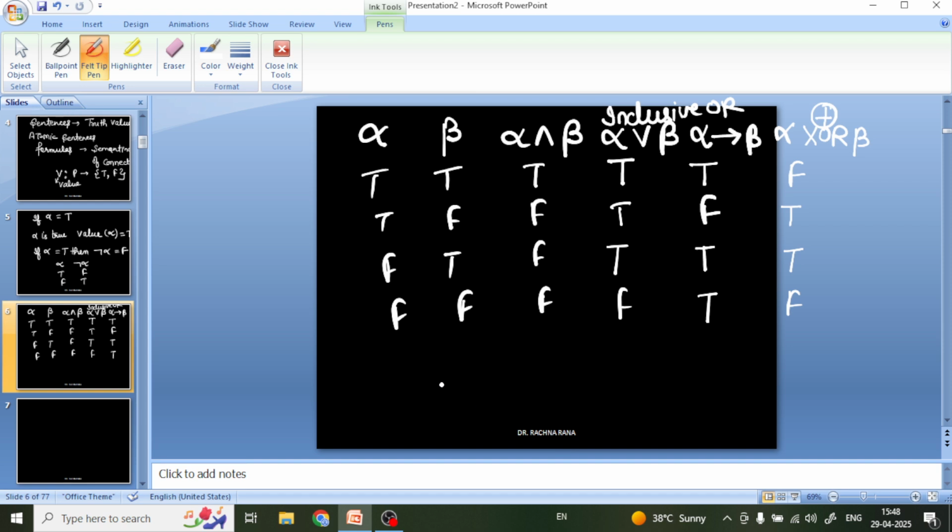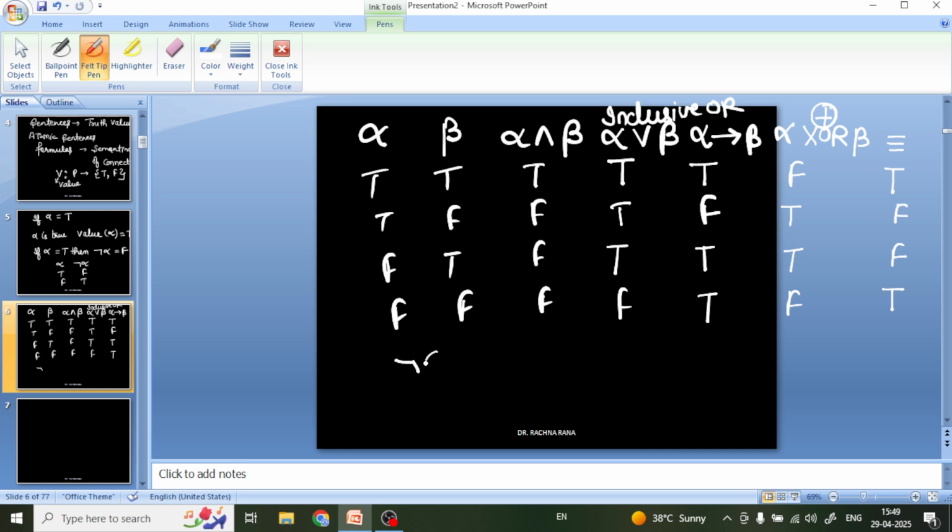For example, if you want to calculate equivalence, then both are true, true; both are false, true; otherwise false, false. This is the equivalence.